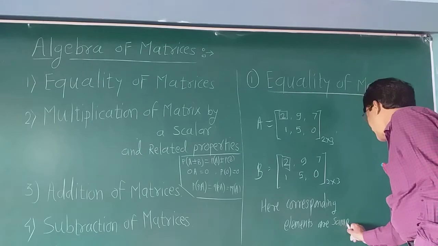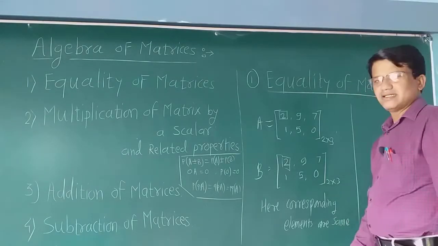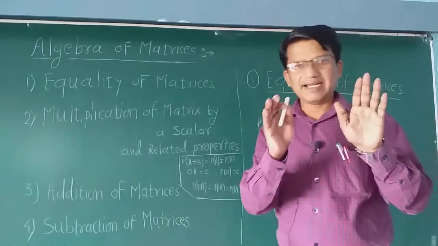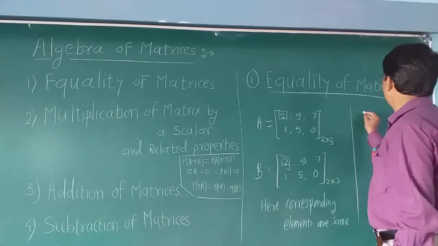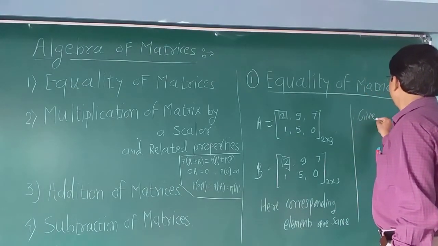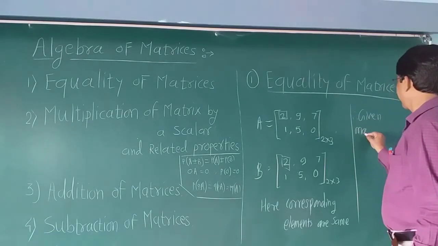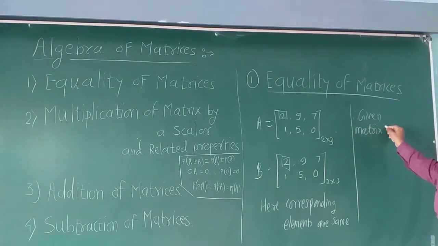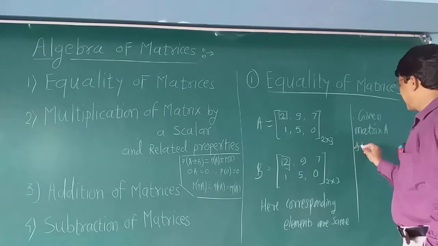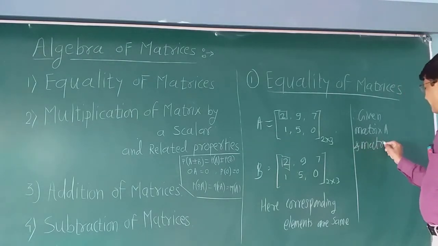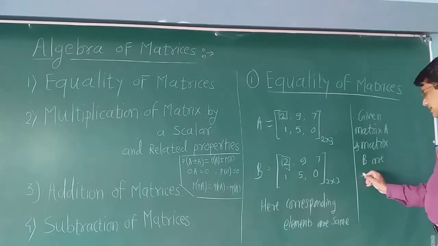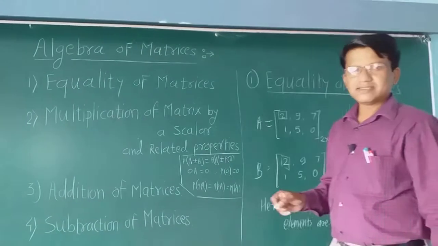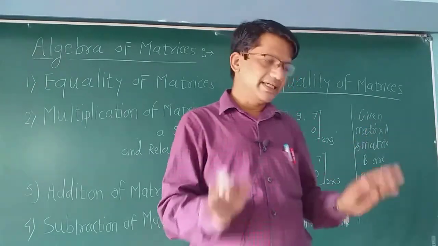Hence the given two matrices, given matrix A and matrix B, are equal. Okay, hence the two matrices are equal.